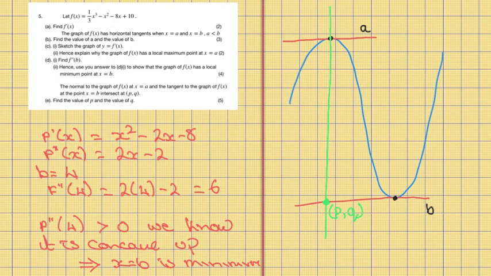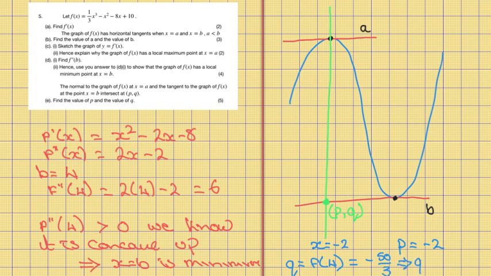The normal has the equation x equals minus 2. So I know the value of P is equal to minus 2. Q has the value of y for f of x at B. So Q is equal to f of 4, which is equal to minus 50 over 3.